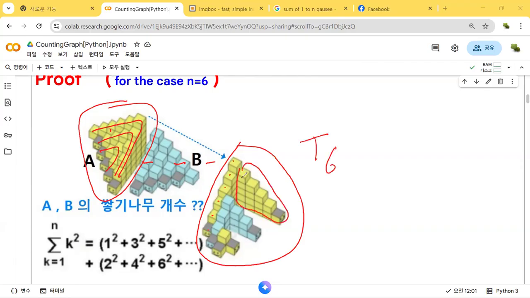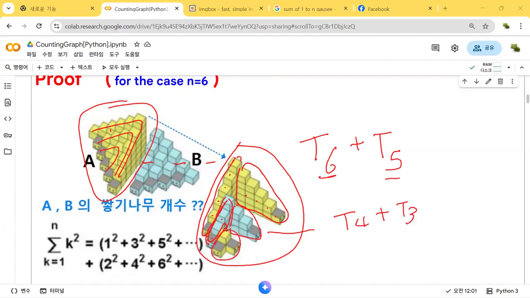This part is 1, 2, 3, 4, 5. T5. Okay. So this yellow part is T6 and T5. And let's consider this part. This is 1, 2, 3, 4. That is T4. And this is T4 plus T3. Finally, from this one, this is T2 and T1.